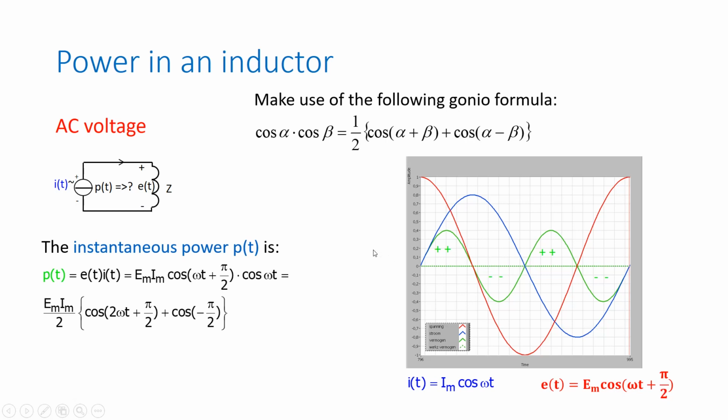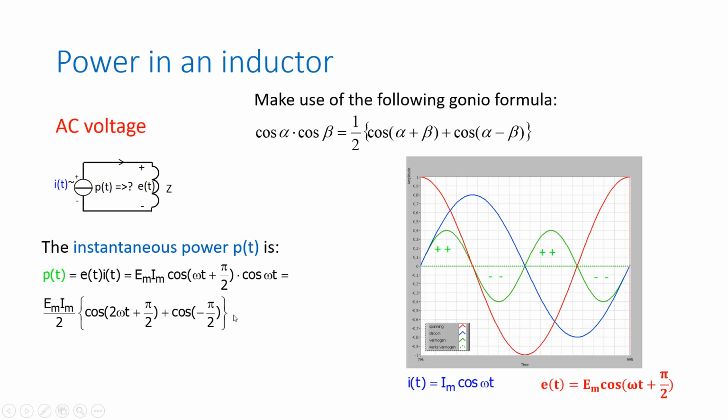So when we write that out, we get the amplitude of the voltage times the amplitude of the current times 0.5, half over here, times the cosine of omega times t plus omega times t plus pi over 2, which is 2 times omega times t plus pi over 2. And we have plus the cosine of the difference of alpha and beta, so omega times t minus omega times t minus pi over 2, which is written over here.